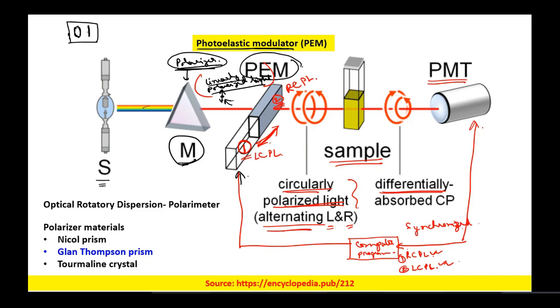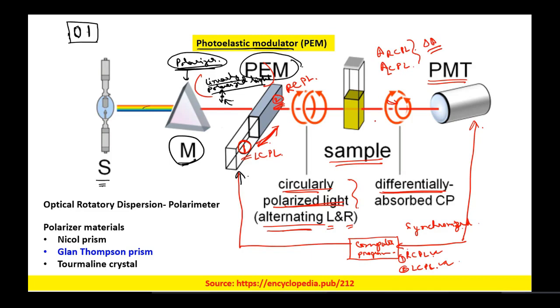In one case the absorption of RCPL will be higher, or in the other case the LCPL will be higher. So there will be a change in the absorption pattern by the sample.